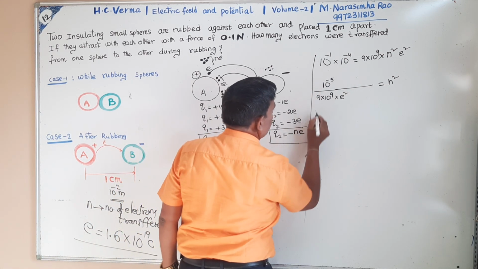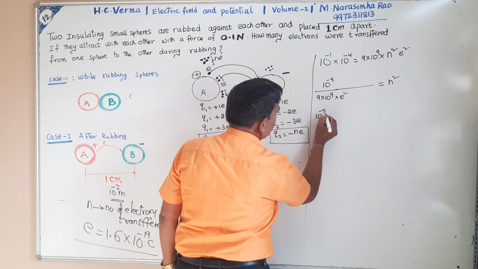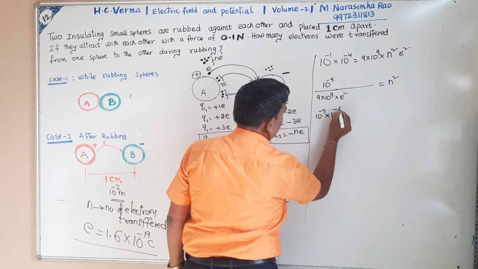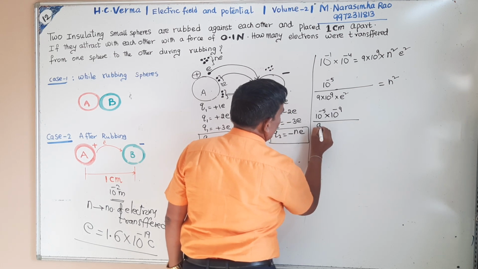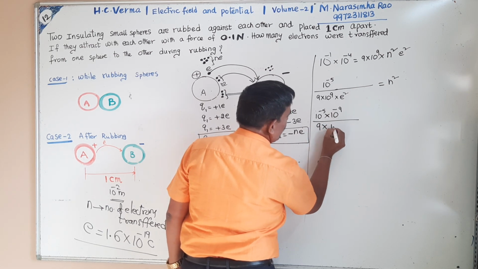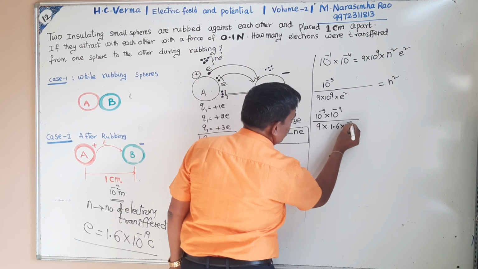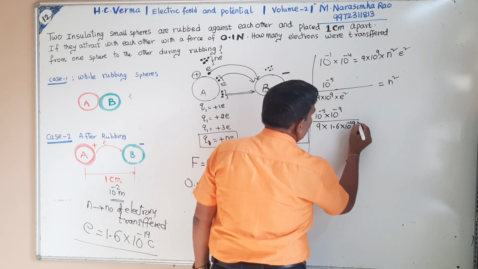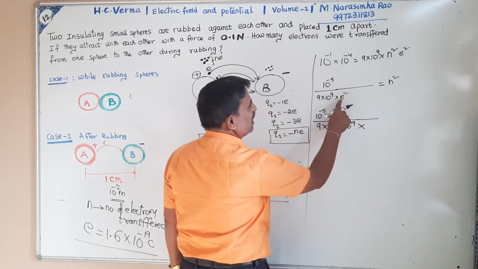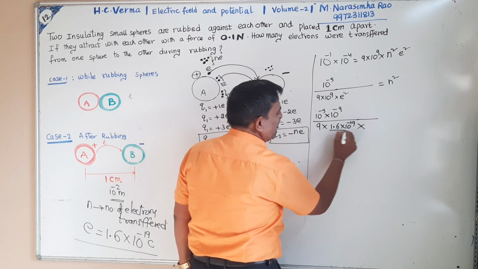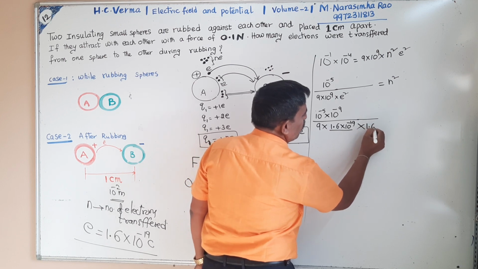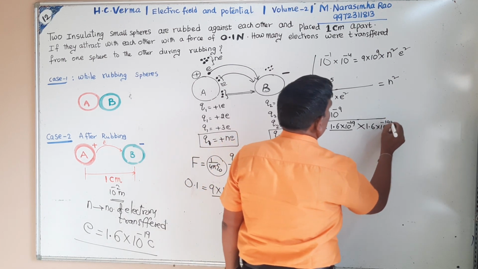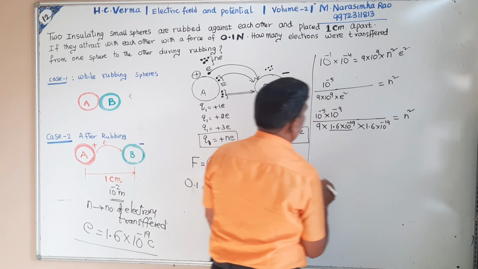Now here 10 power minus 5, and 10 power 9 comes to the numerator as 10 power minus 9, divided by 9 into e square. e means 1.6 into 10 power minus 19 coulomb, the charge of electron, squared. One more time: e square, e into e. One e is this one, another e, 1.6 into 10 power minus 19. That is equal to n square.